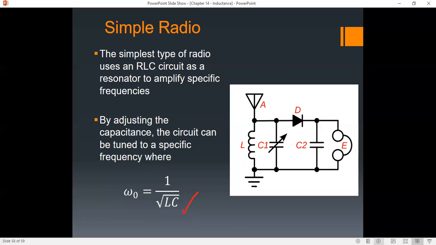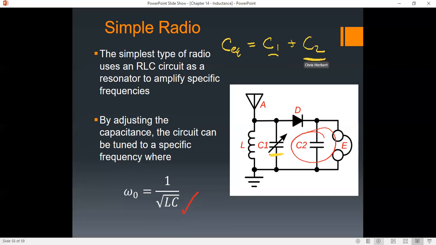So we have this one capacitor C2, but we are going to add to that this capacitor C1. If we remember from our capacitors, the equivalent capacitance for capacitors in parallel is the first capacitor plus the second capacitor. So this right here, the C1, is actually a variable capacitor.